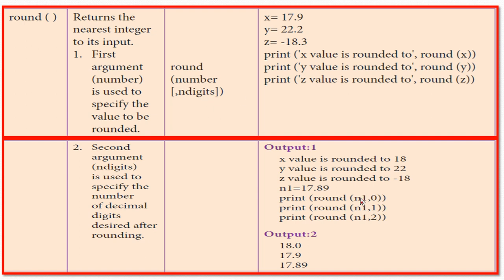Number is n1, 0 is the number of digits. So 0 means there are no digits, 18 only. n1 comma 1 gives 1 digit. It rounded 0.89 into 9, nearest value 9. n1 comma 2 gives the 2 digit value 17.89.